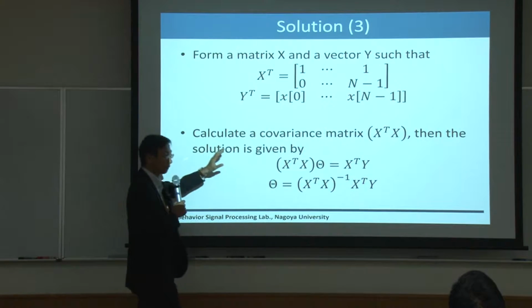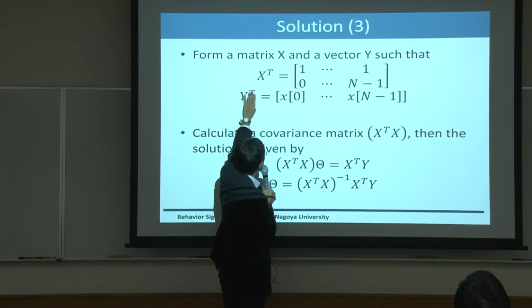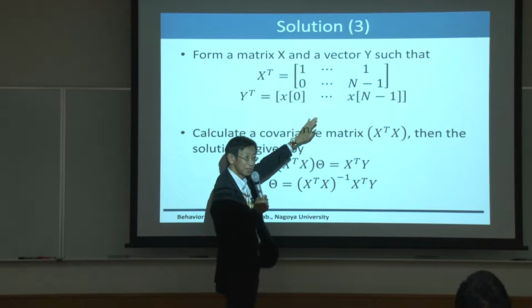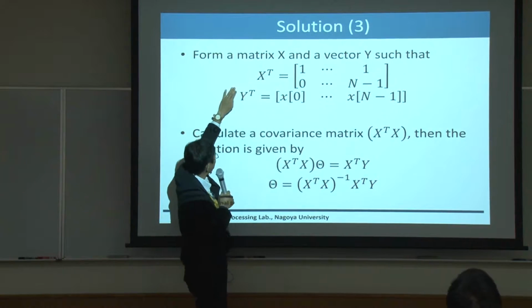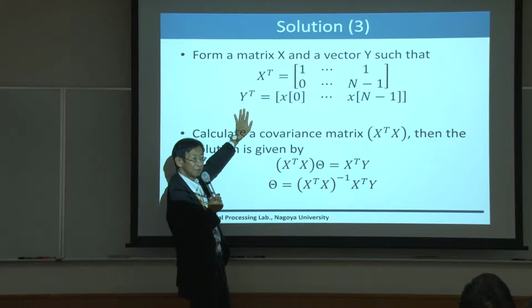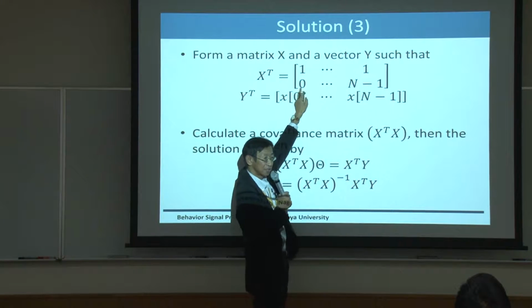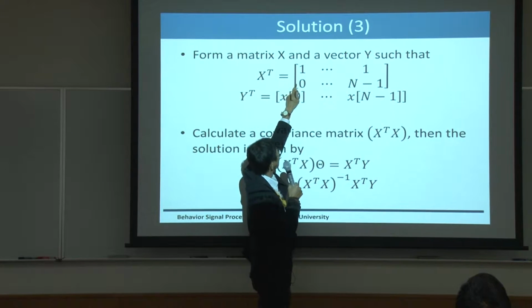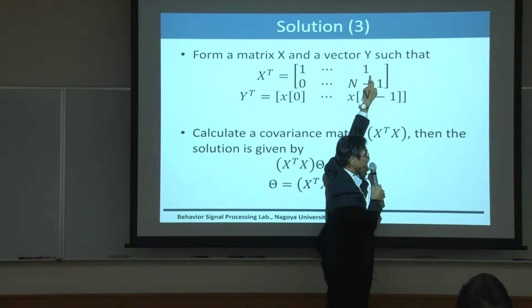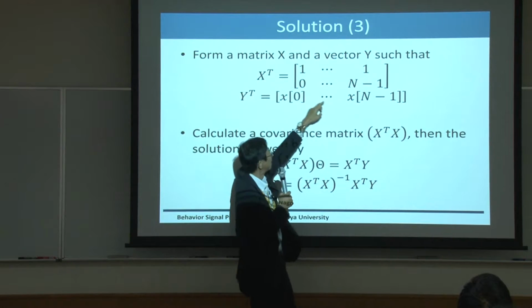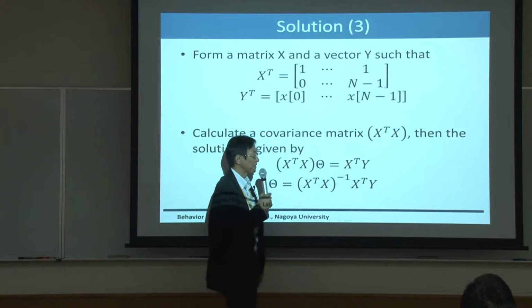In this particular problem, we can organize one matrix and one vector. You see? And one matrix consists of two lines. The first line consists only of ones, for the capital N length.